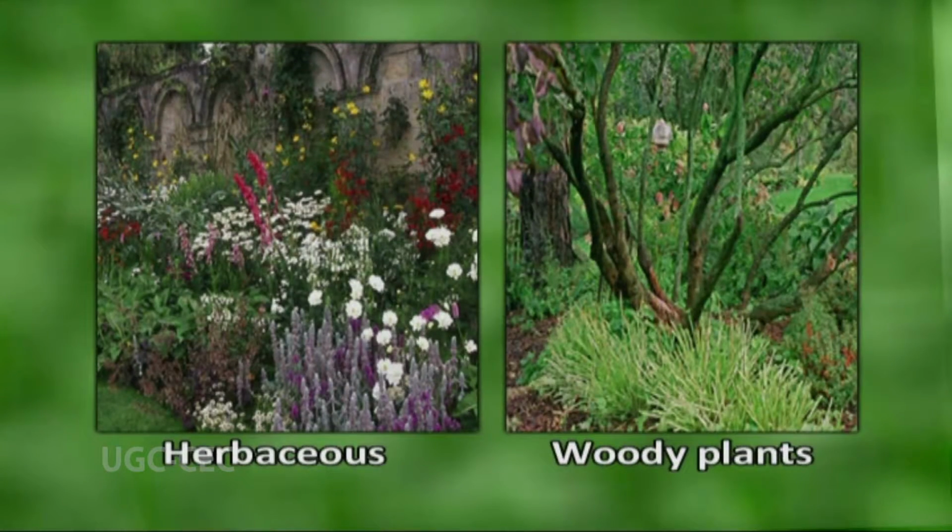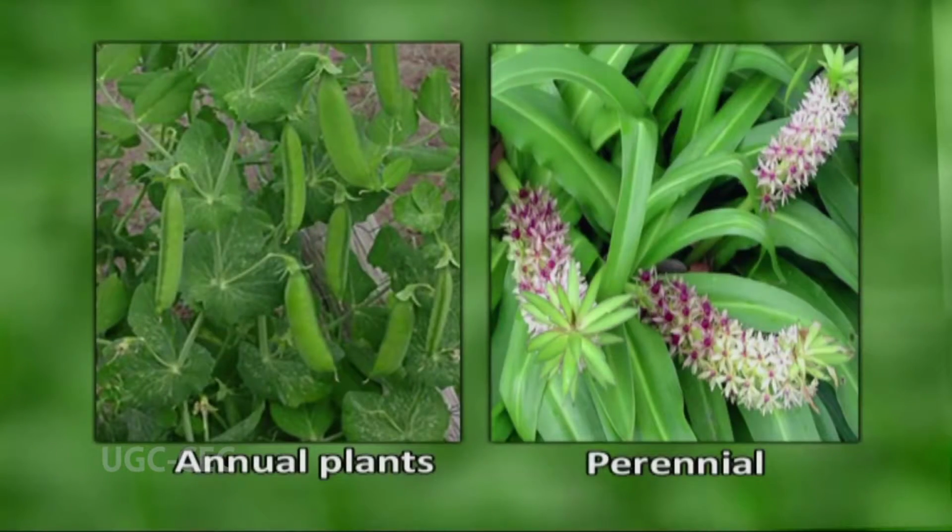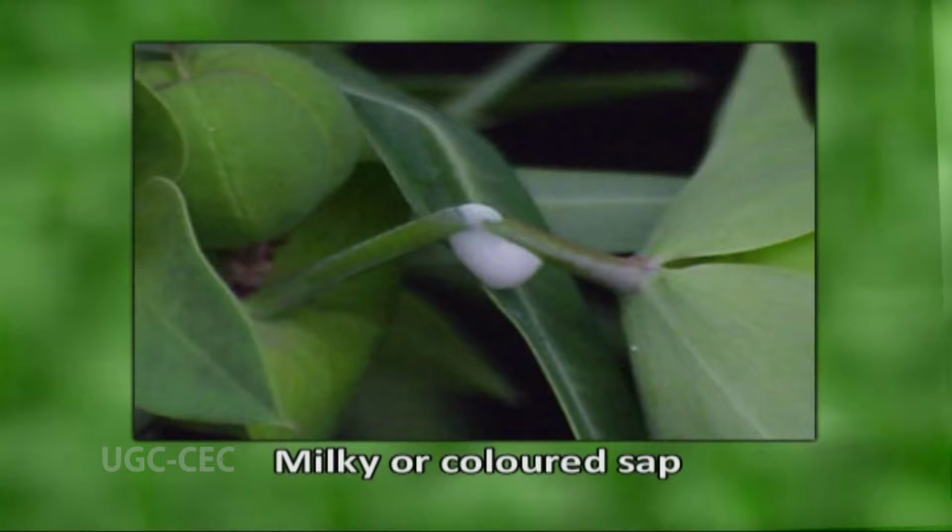Now, the characters that are often considered before plant identification. Number 1. Whether a plant is herbaceous or woody and annual or perennial in nature. Number 2. Whether or not milky or colored sap is present in the leaf, stem, or other plant parts.